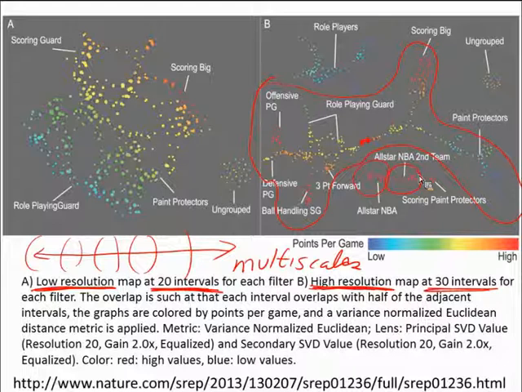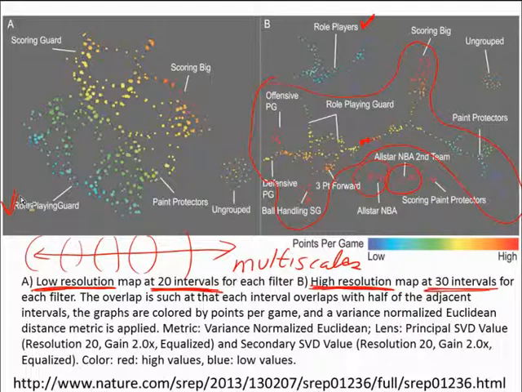So for example, if I take a look at the role players, they're up over here versus they're down over here. So if I try to compare the graph on the left versus the graph on the right, the comparison is a little bit interesting. There is also some additional information in here.